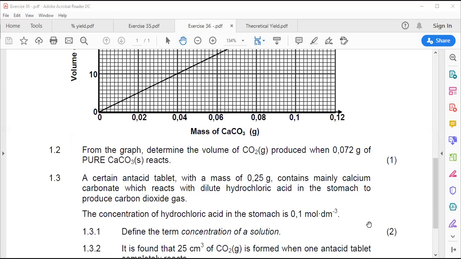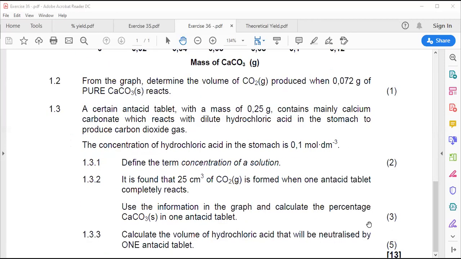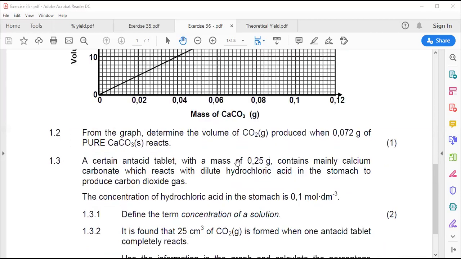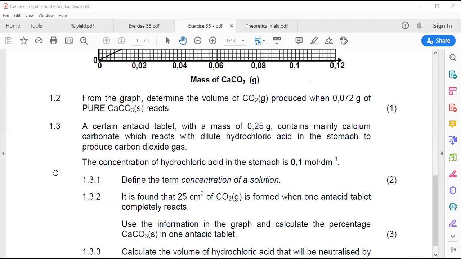After you get your 0.1, what do you do? You go to your formula now. You say 0.1 divided by 0.25, which is the total mass of the antacid tablet, multiplied by 100. This system is very slow.